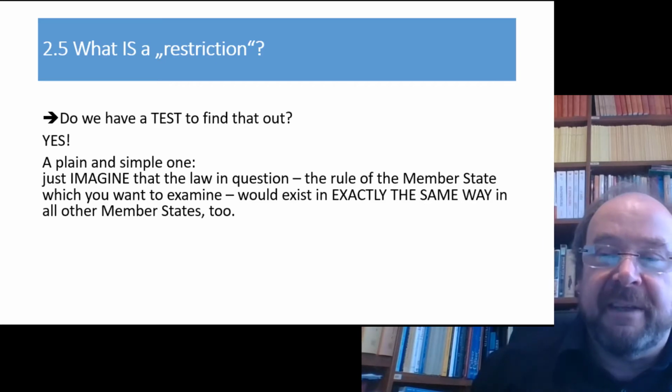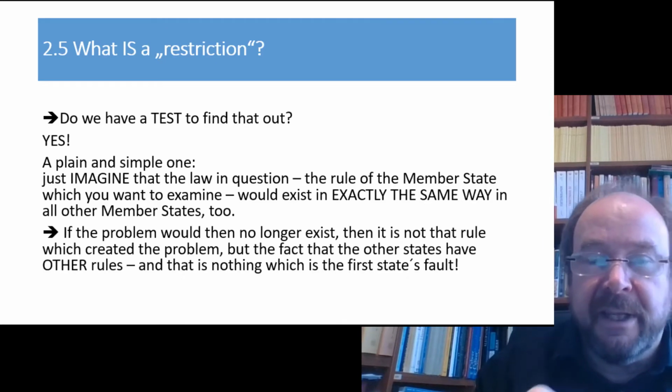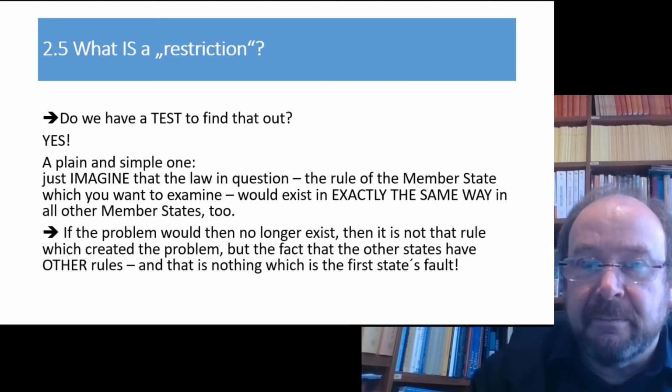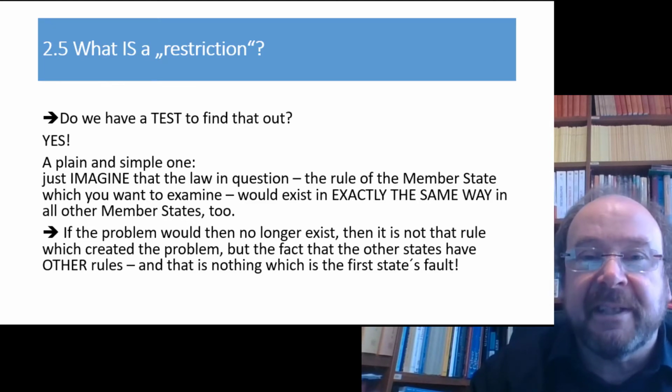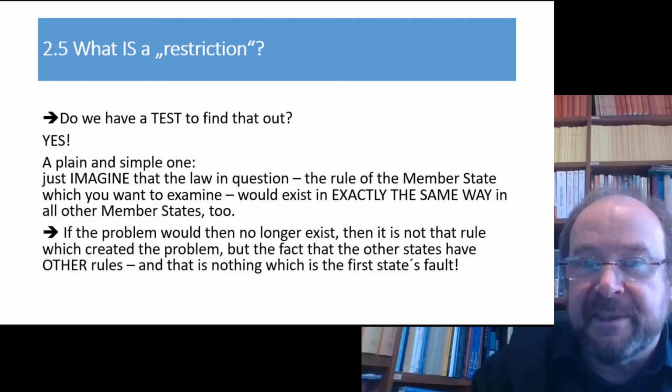If your problem then vanishes, oh, okay, then this is the proof. The rule in question itself doesn't create the problem, but only the fact that the other states have a different solution. You cannot reproach that then to that first member state.